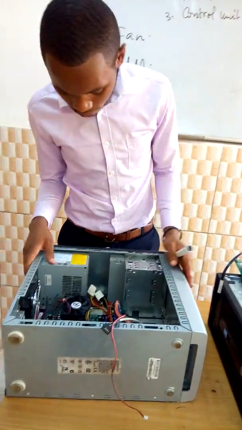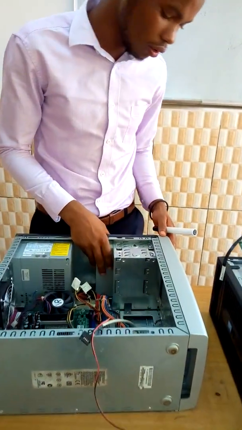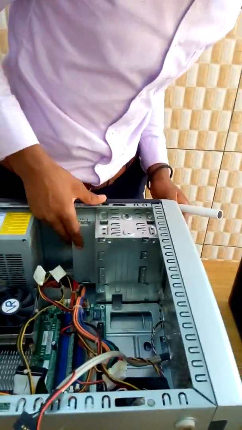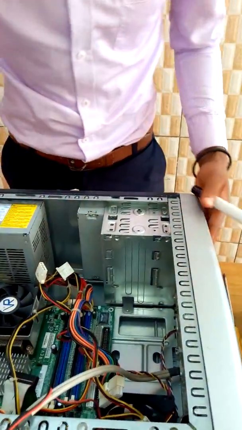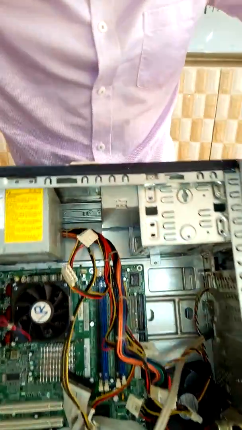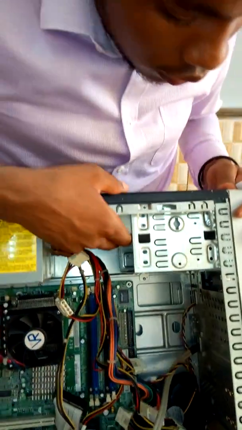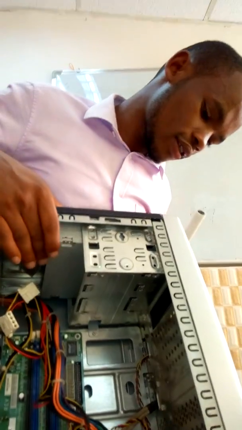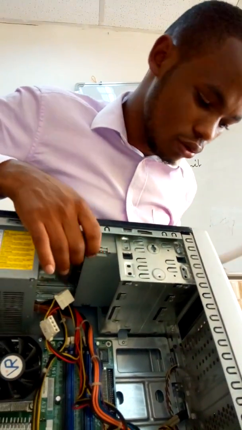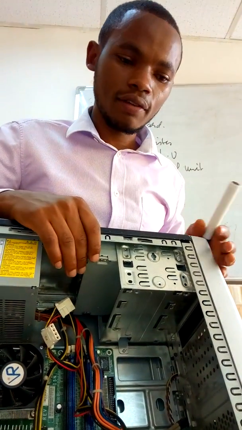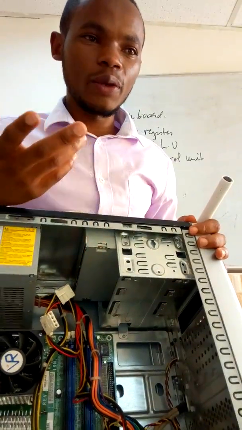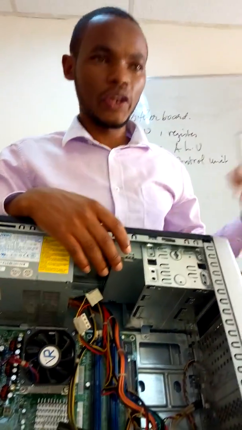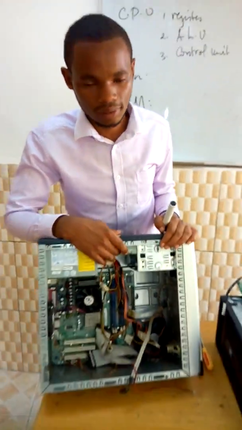Let's talk about the CD drive, which is this component. This is the CD-ROM, and this device is used to keep the CD. And remember, we use CDs to keep data permanent.